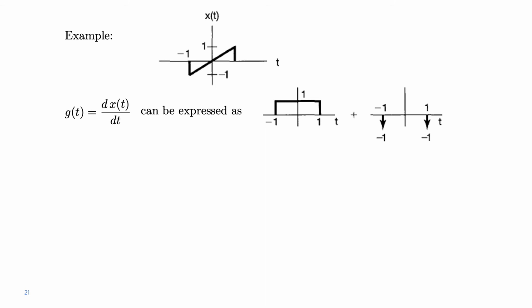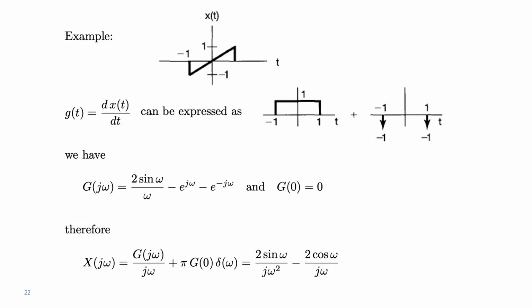Those discontinuities have a derivative that is a delta, and the amplitude of this delta is going to be -1 for both of them because the signal drops by a quantity -1, right? So that's how we can represent our g of t as the sum of a rectangular signal plus two negative impulses centered at t equal -1 and t equal 1 respectively.